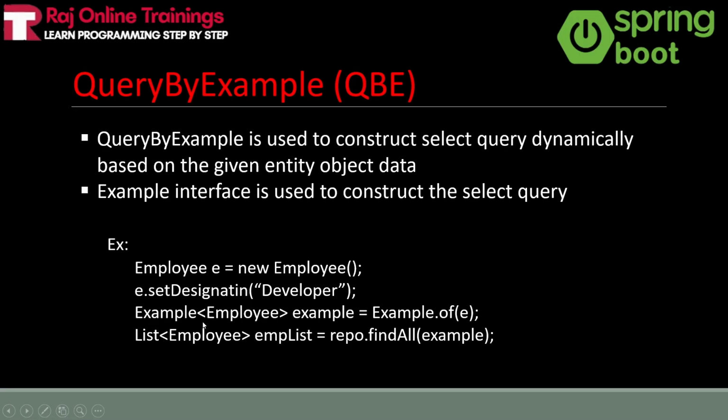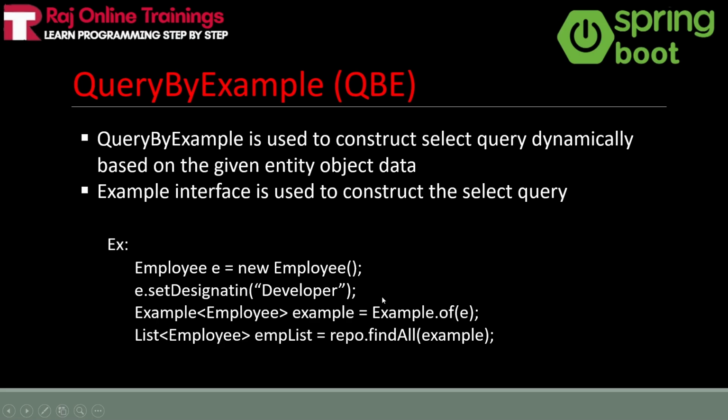And here we are creating a reference of Example<Employee>, employeeExample equal to Example.of. In the Example interface, there is a static method of, and to that we are passing our employee object. Since we are passing this employee object to this example and we are setting the designation as developer, it is going to construct a query like select star from employee where designation equal to developer.